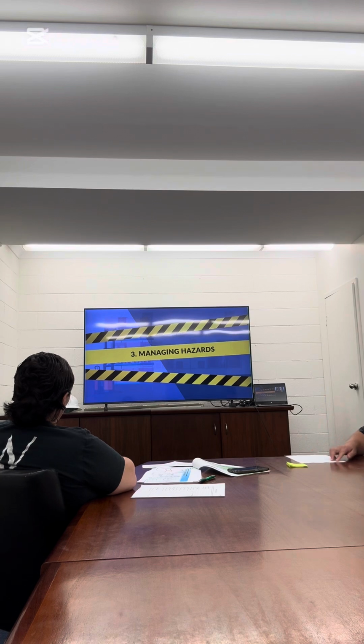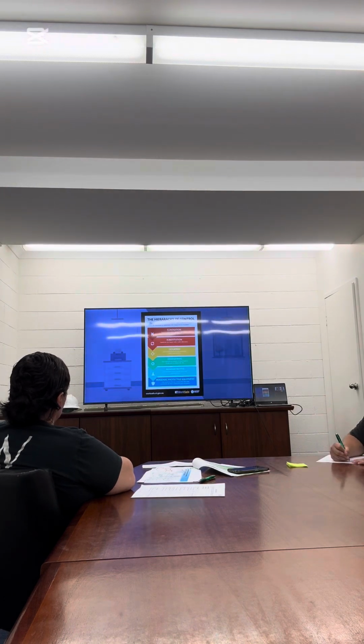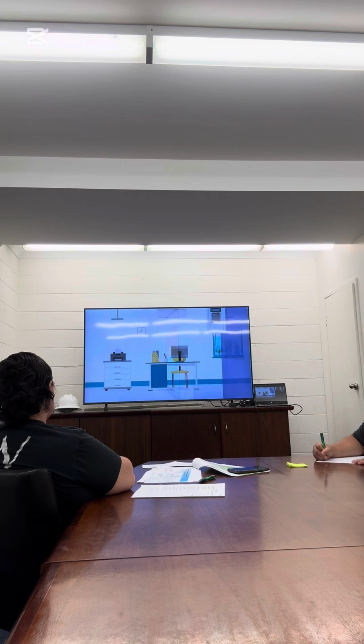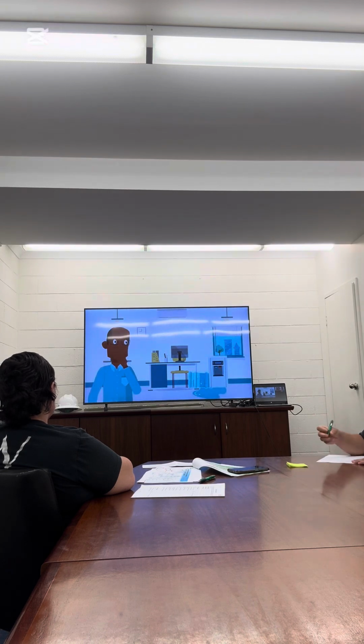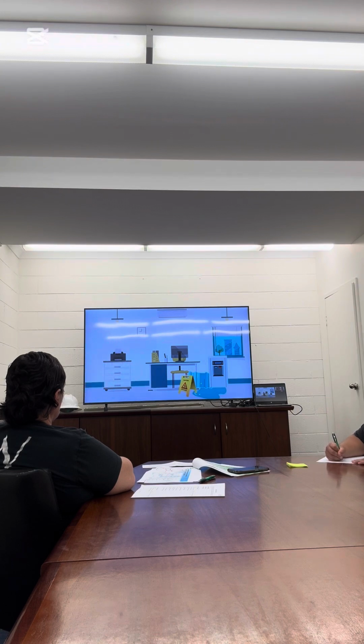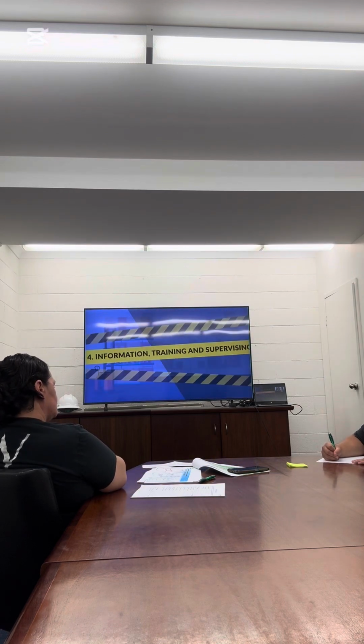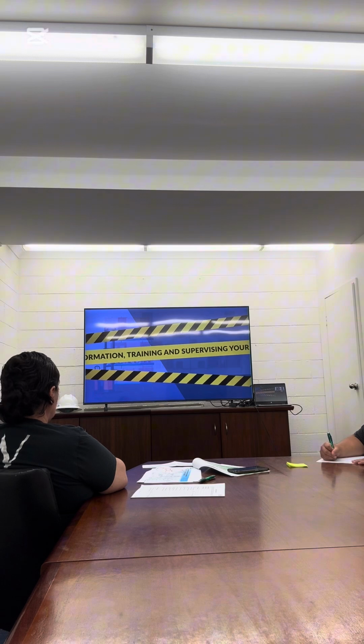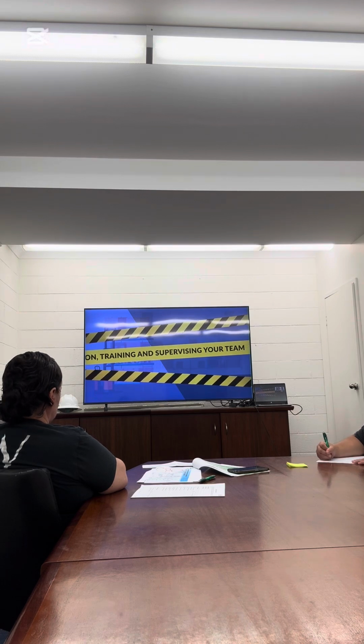Managing hazards. Part of managing health and safety in your workplace is controlling the risks. To do this, you will need to accurately identify potential hazards. Having identified potential hazards, you'll need to first consider if they can be eliminated. If this is not possible, then consider the risks involved and put practicable measures in place to control them. Information, training, and supervising your team.